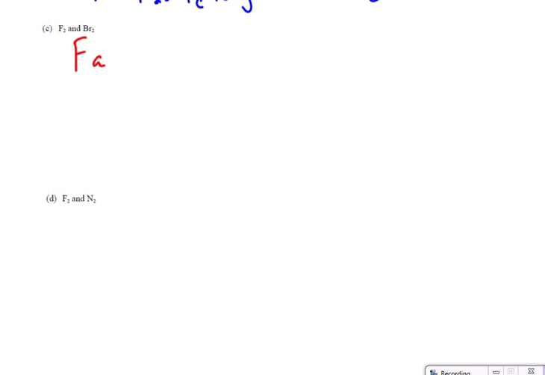The fluorine atom is smaller than the bromine atom.